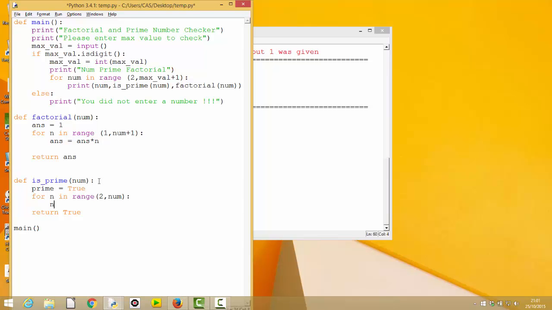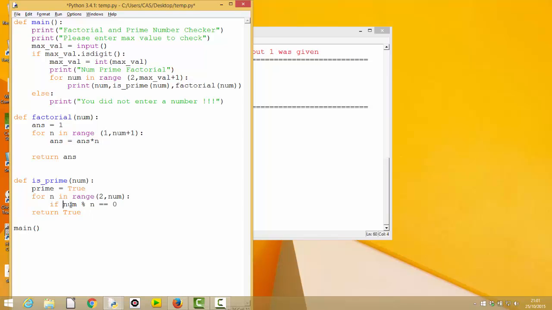We want to do the test to see if the number we're testing, mod, so remember this is our remainder, mod our loop variable, which is n, is equal to 0. So if this test here gives me a 0, I know that it's not a prime number. So I could assign this expression now to a Boolean variable, but I could just use it straight in a loop.